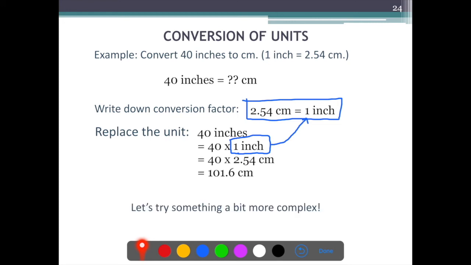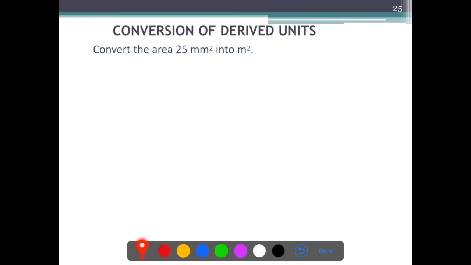All right, let's try to convert something a bit more complex. We have here now a derived quantity, a quantity with derived units. We want to convert the area 25 millimeters squared into meters squared.